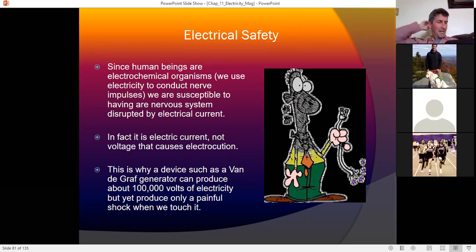Since human beings are electrochemical organisms, we use electricity to conduct nerve impulses through our body. It's not technically electricity, but charge will flow in and out of our nerve and muscle cells, and this will send signals from one place to another.